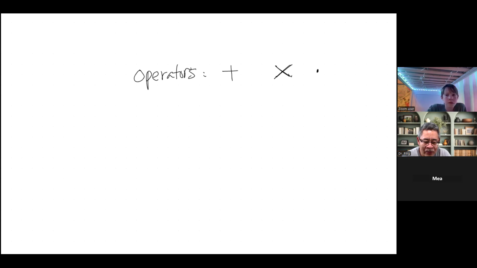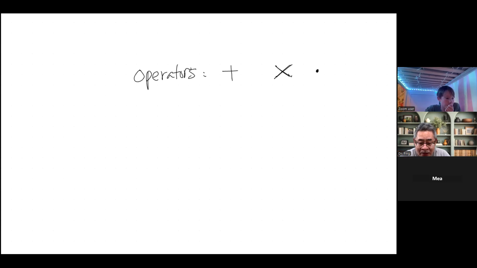The very basic rules we are dealing with in algebra have to do with the properties of two operators. One is addition, another one is multiplication. Sometimes we use a dot, because if we just use x, it can be confused with the letter x. So that's why in algebra we most of the time use the dot.